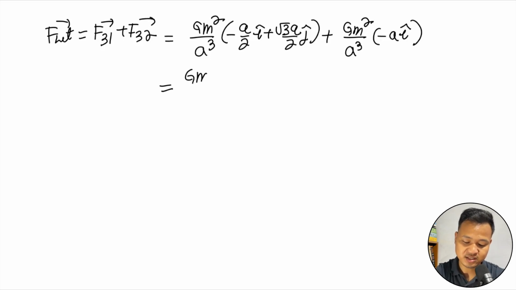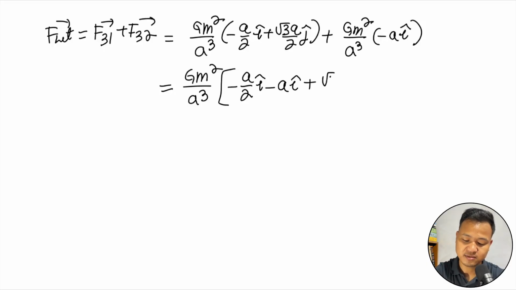So here I have G M square by A cube common. Let's do it like this first. So here I have minus A by 2 I cap, minus A I cap, plus root 3A by 2 Z cap.